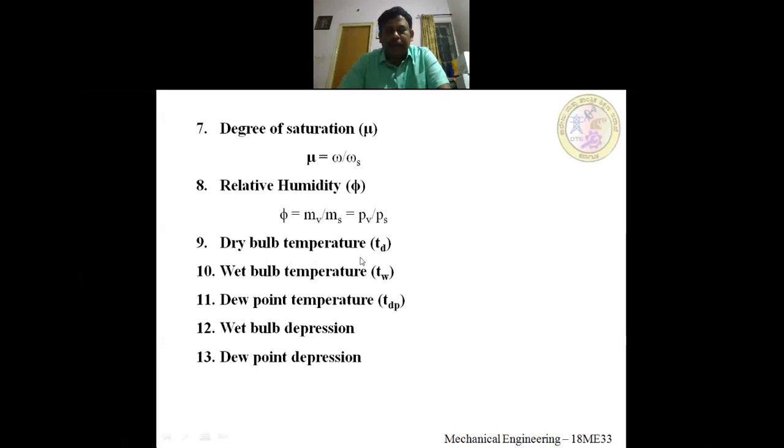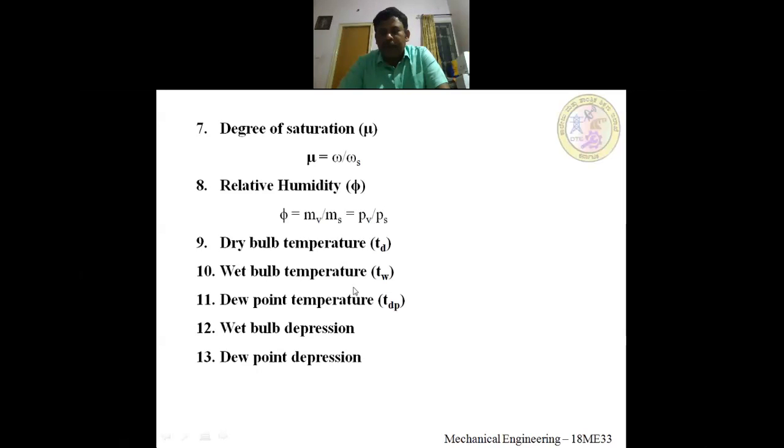Next, dry bulb temperature. It is represented by the symbol t suffix d. Small t d represents dry bulb temperature. It is the temperature recorded by an ordinary thermometer whose bulb is not affected by the moisture present in the air.